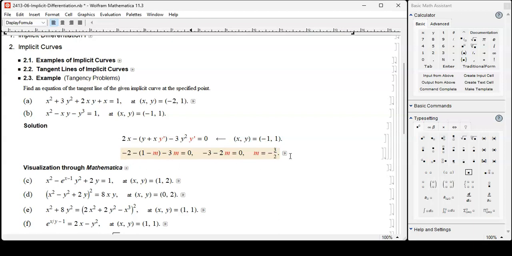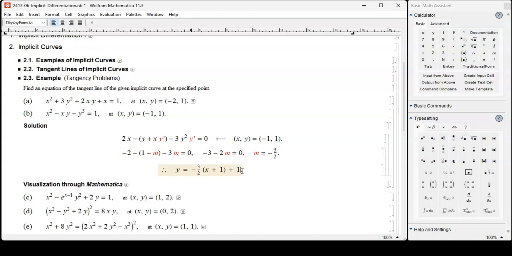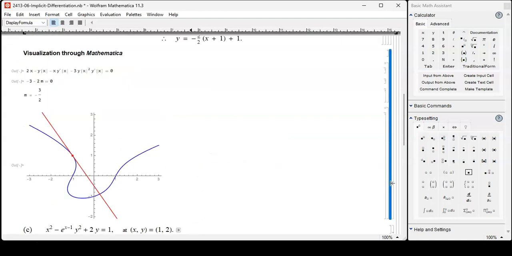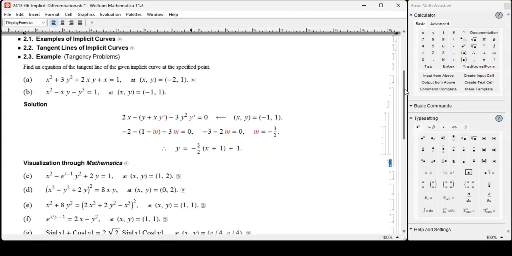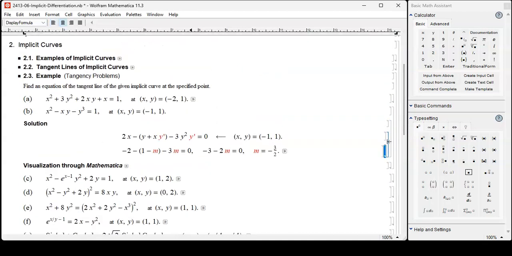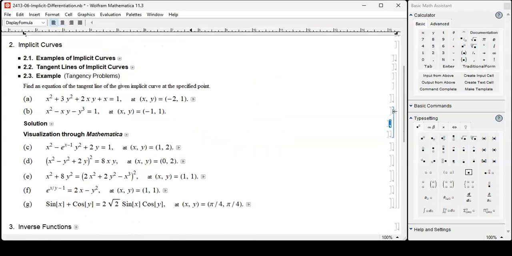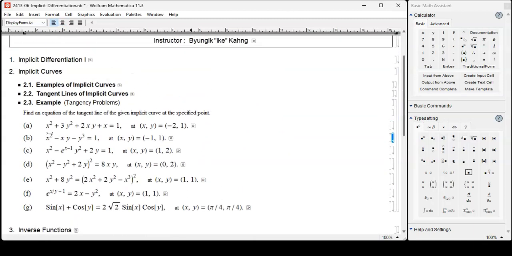And then break up parentheses and so on, solve this equation. M is -3/2. There goes the solution, and there goes the visualization. -3/2 is the slope, and the point the problem already gave you, -1, 1. I'll correct the typo. It should have been negative here.